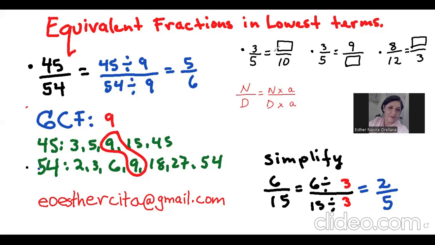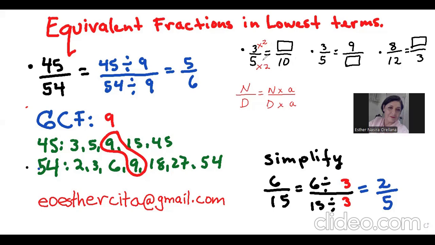For example, in 3 over 5, I have a denominator of 10. Why? Because the denominator 5 was multiplied times 2. So whatever I do in the numerator must be done in the denominator. In this case, we multiply numerator and denominator times 2. 5 times 2, 10 was given.